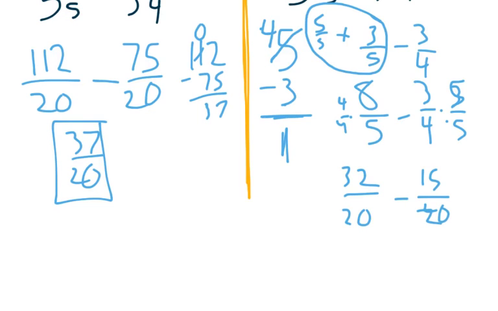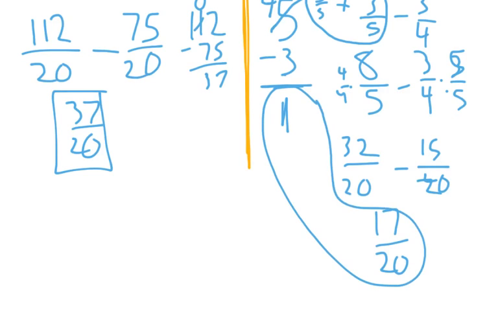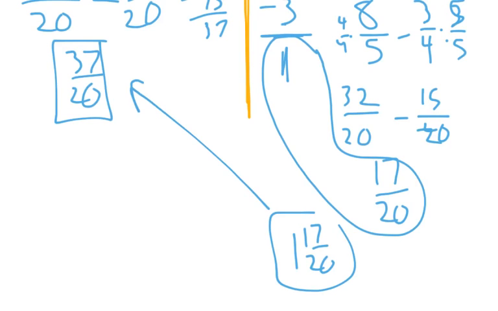And when we do that, we're going to be left with 17 over 20. Finally, we combine these two together, and our final answer is 1 and 17/20, which is the exact same as 37 over 20.